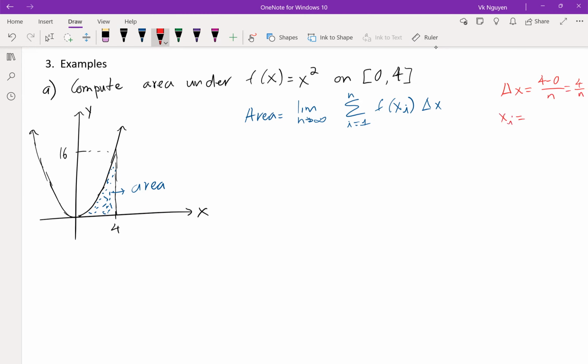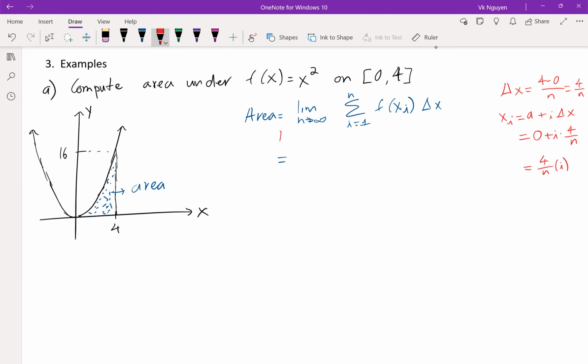x sub I is a, that is 0, plus I delta x, which is 0 plus I times 4 over n. And that is 4 over n times I, x sub I. Do the substitution.